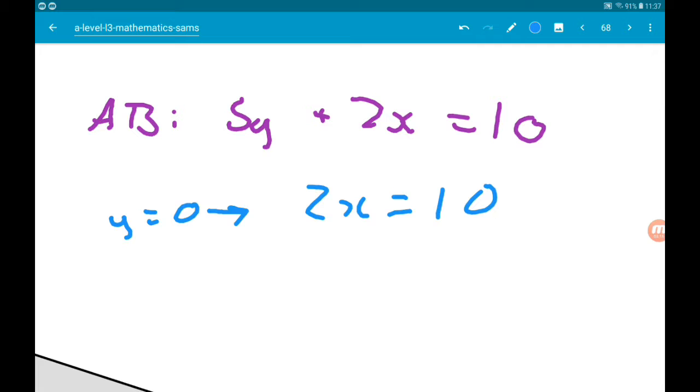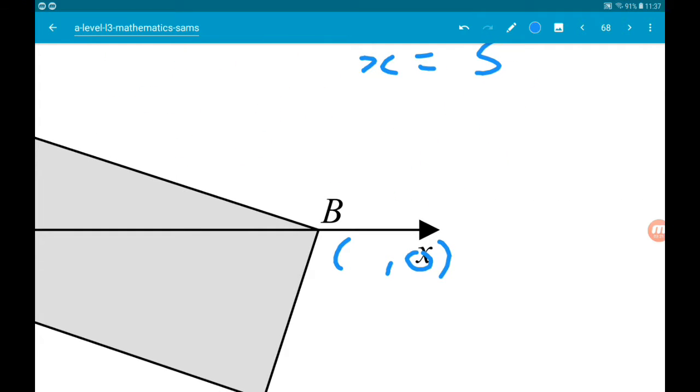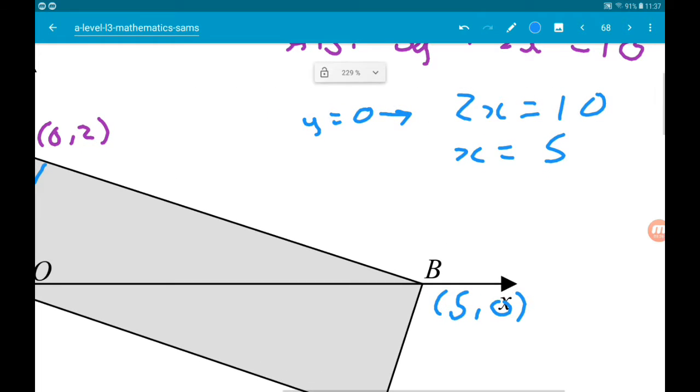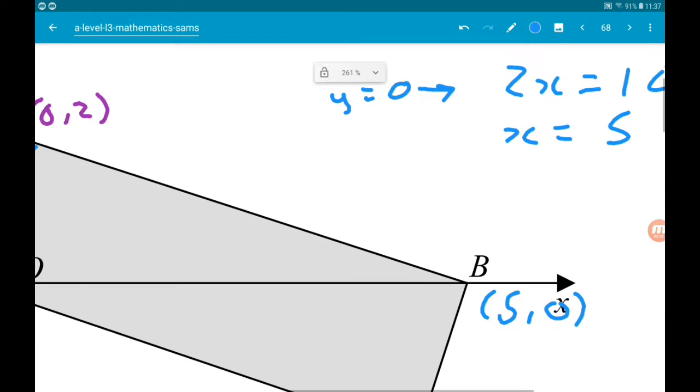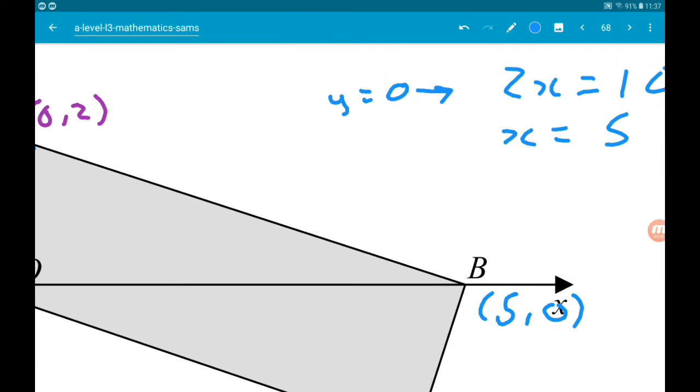So x is 5. Okay, so this time the length AB is the square root of 5 squared add 2 squared, which is root 29.